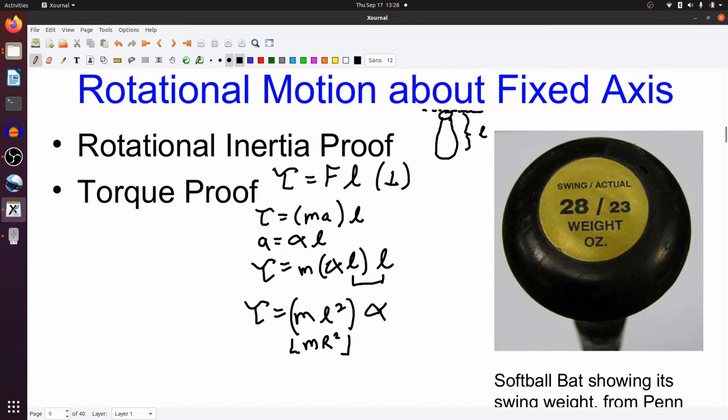But this is called I. So this is roughly defined as m r squared, where I is your rotational inertia. And so this then relates in our final equation: tau is equal to I alpha.